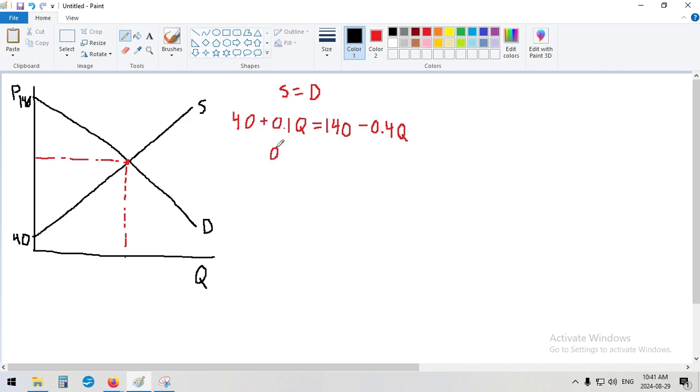We'll get 0.5 Q. And then on the right-hand side, let's move the 40 over, subtract it from here, we get 100. And then to get rid of that 0.5, we can just double both sides, and we get a quantity in equilibrium of 200 units.